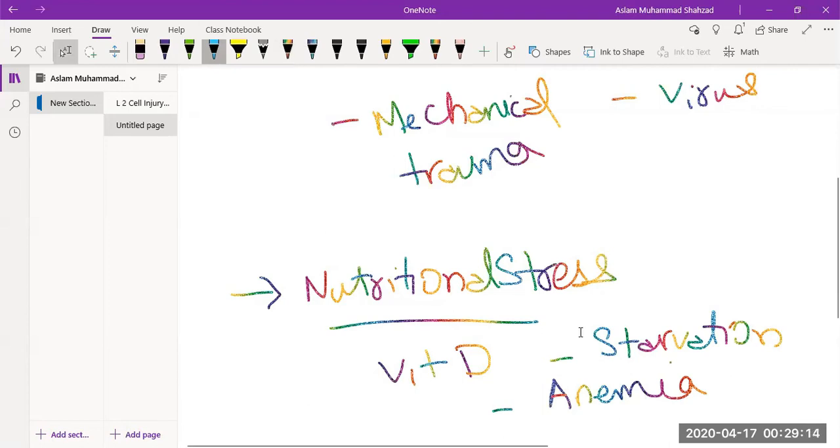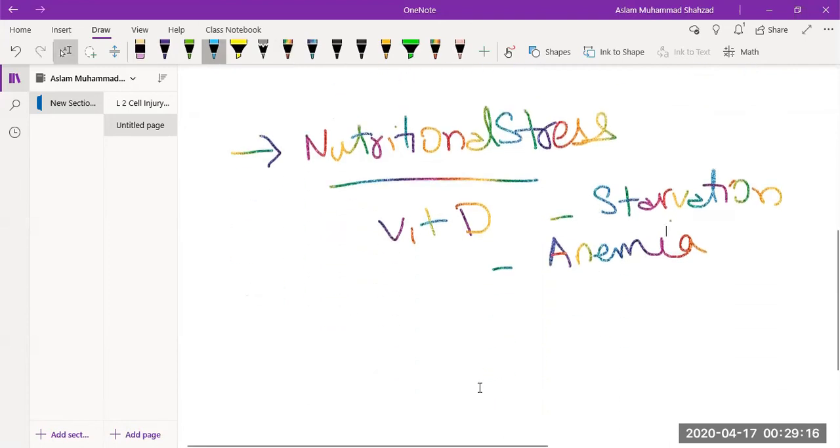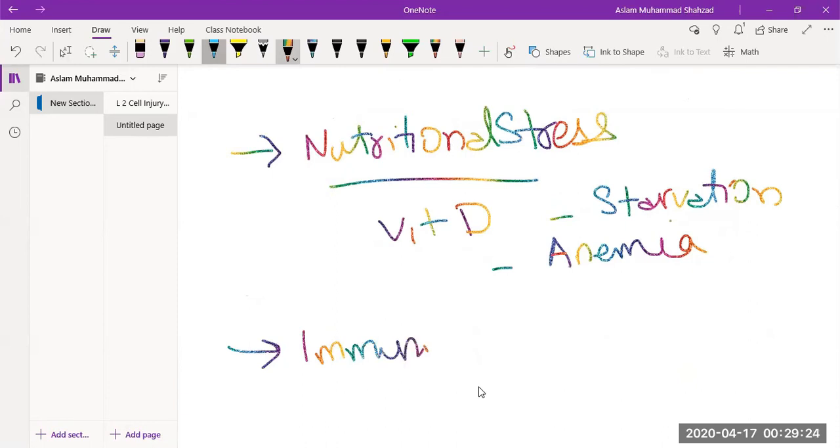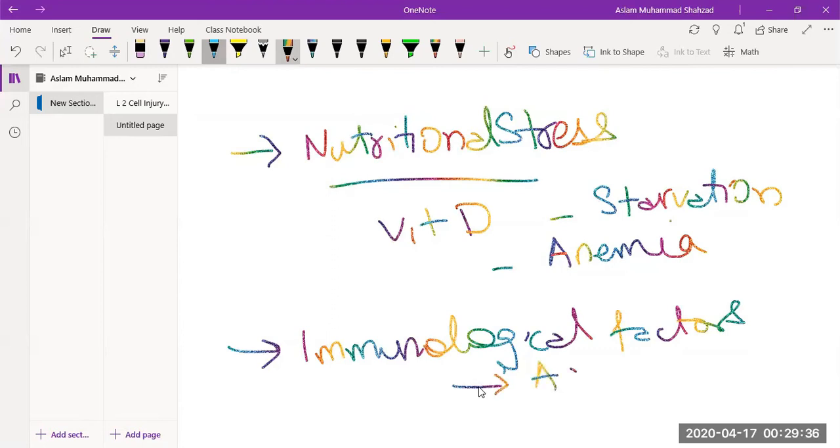Then we have immunological factors, which are also one of the stress factors, such as autoimmune disorder. We will discuss them later on in detail.